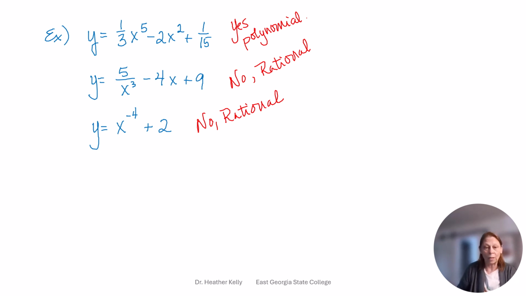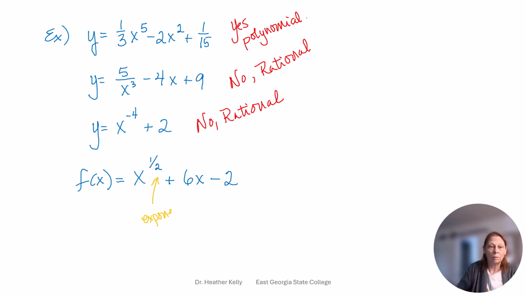Oh, one other kind I did not think of is, I mentioned it, but I didn't show you one. So a rational exponent. Notice that here the exponent is a fraction. And if you remember from your previous stuff, that means that that is a radical.